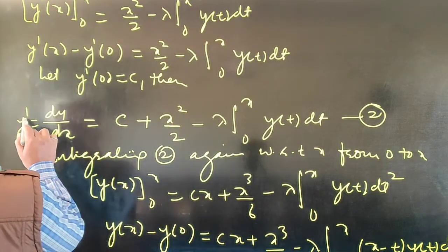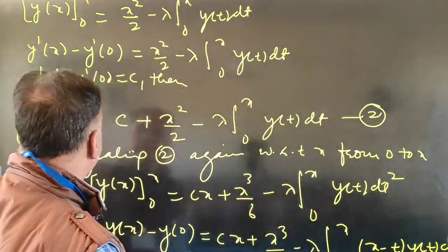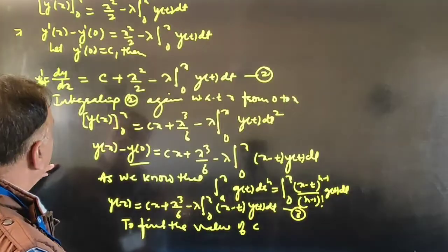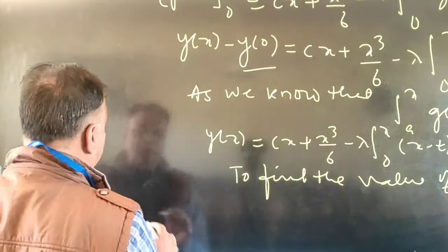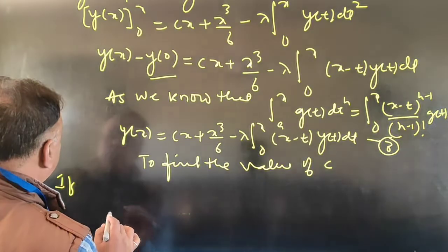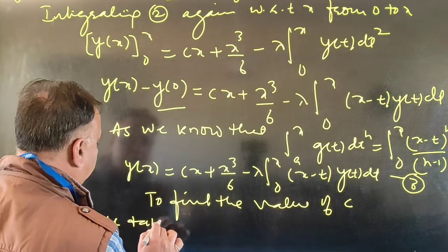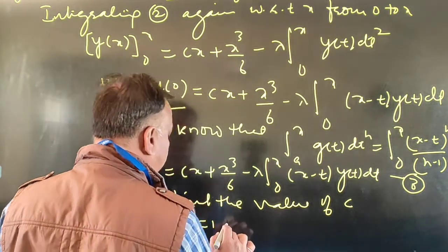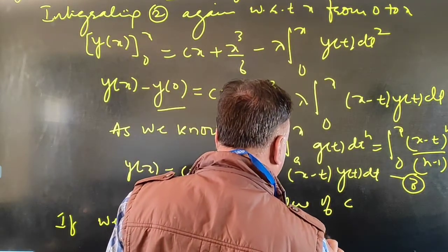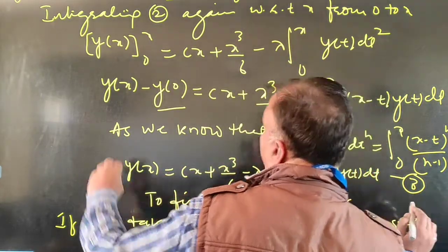As y dash 1 is equal to 1 is given, if we take x equal to 1 in equation number 2, with y dash 1 equal to 1, what do we get?